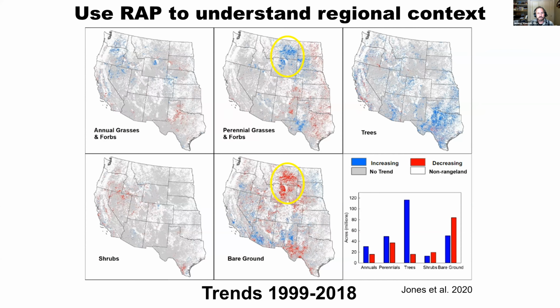And you can see circled in yellow, the Northern Great Plains, right there in the middle is where we had that BLM field sampling point within an allotment. Well, it turns out that blue area is part of a 20-year trend of increasing perennials and a subsequent decrease in the bare ground amount. And so there's something else happening in that particular region, perhaps climate driven, that is part of the story as well in terms of understanding our management in the context of broader issues.